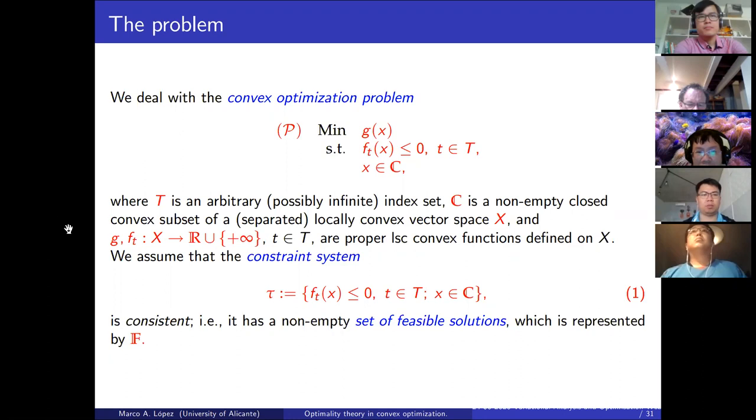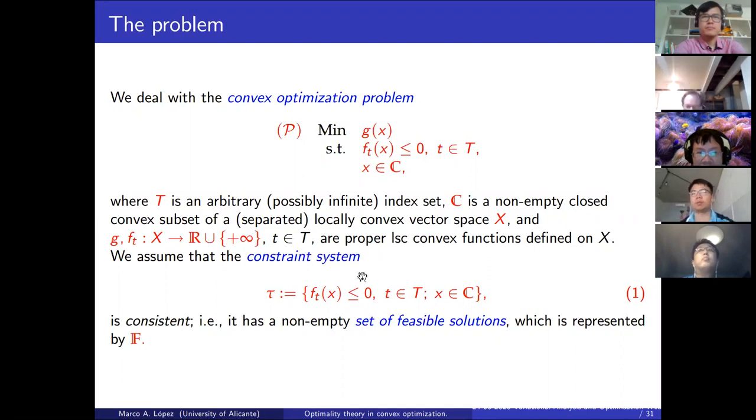And let me say that I can generalize, extend a little bit and make the thing more complicated, introducing some technicalities. But in order to be shorter, I'm assuming that all the functions involved in the problem, g and f_t, are proper lower semi-continuous convex functions defined on X. So the value plus infinity is allowed, but minus infinity is excluded.